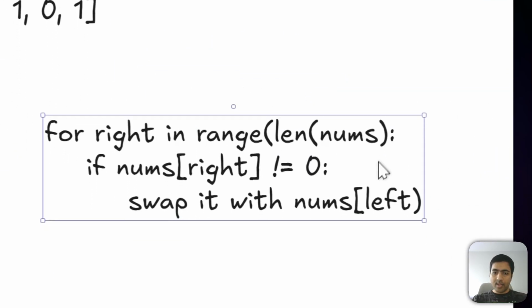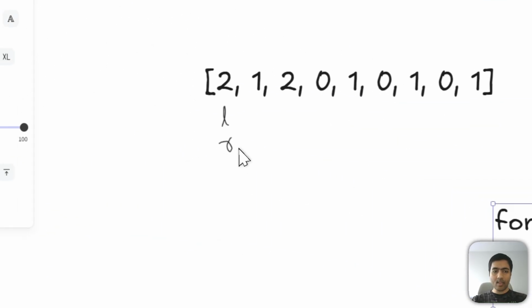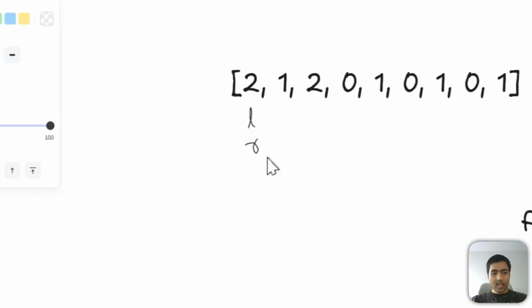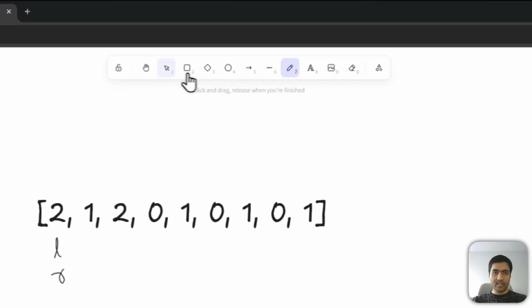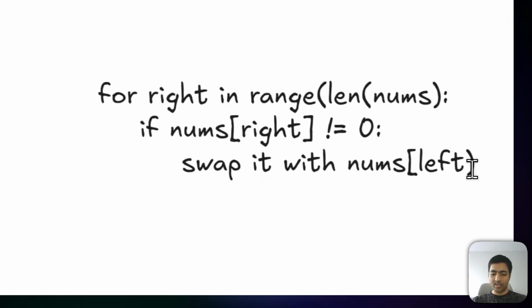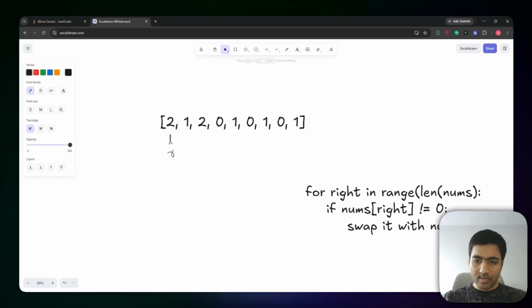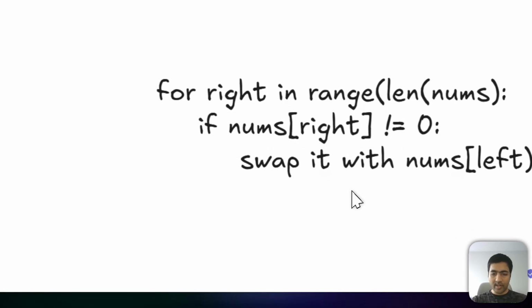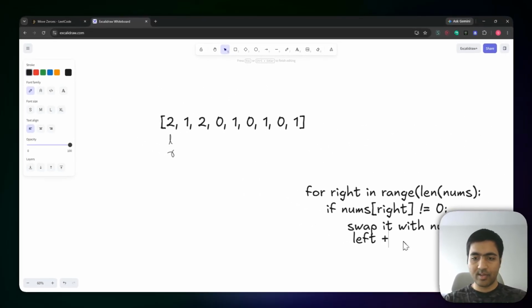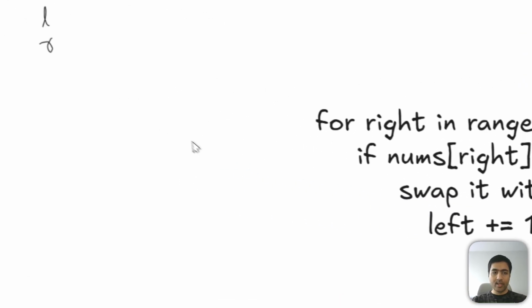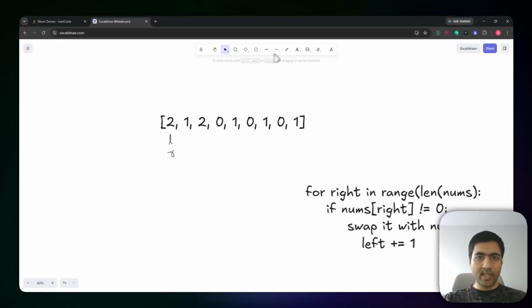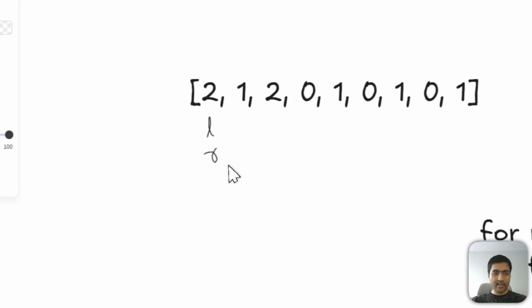So for every non-zero encountered, it swaps with the left pointer, and then we increment the left pointer.